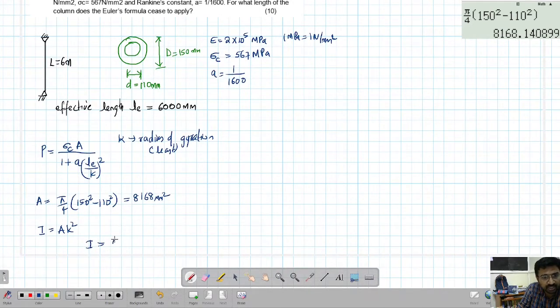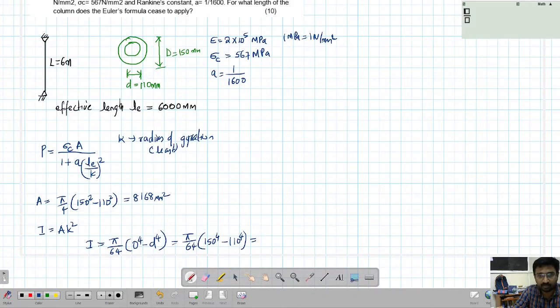The moment of inertia is pi by 64 times capital D to the power 4 minus small d to the power 4. Okay, so this is nothing but pi by 64 times capital D to the power 4, which is 150 raised to the power 4, minus small d raised to the power 4, 110 raised to the power 4. So this gives the value as, we'll just calculate that very fast.